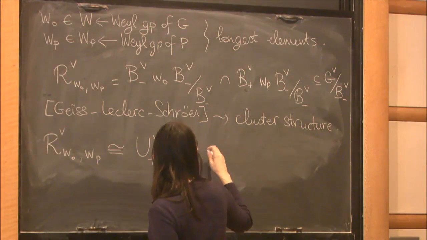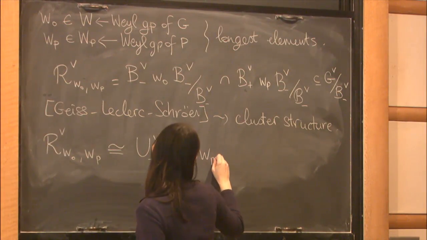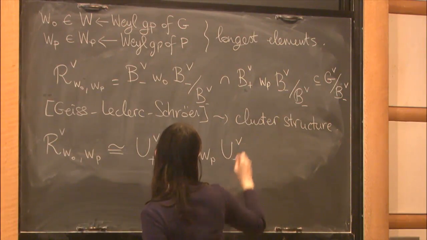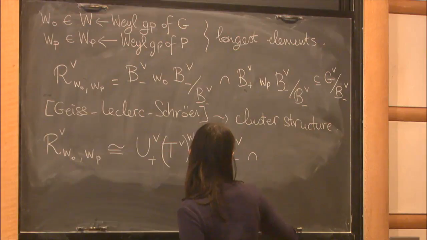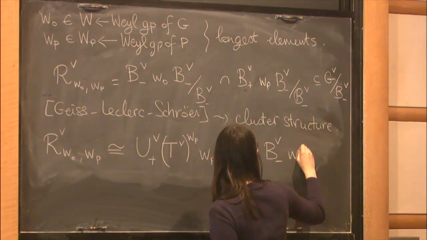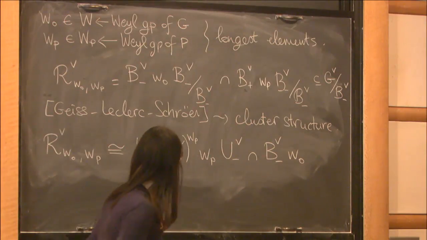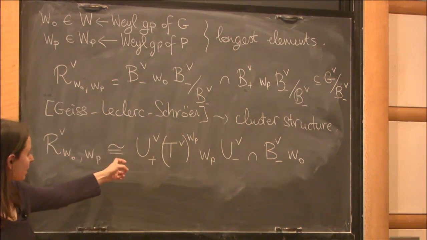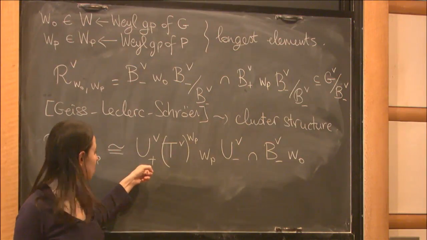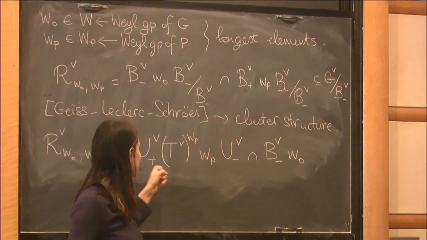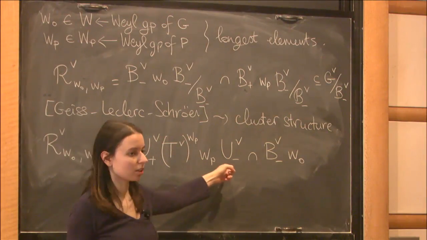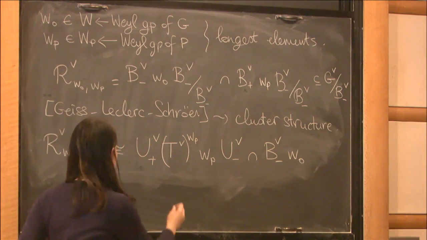Well, a bit of a pain to write, but okay. So basically, I write it as this intersection here, and my point is that I can parameterize this using an upper unipotent matrix and a lower unipotent matrix.